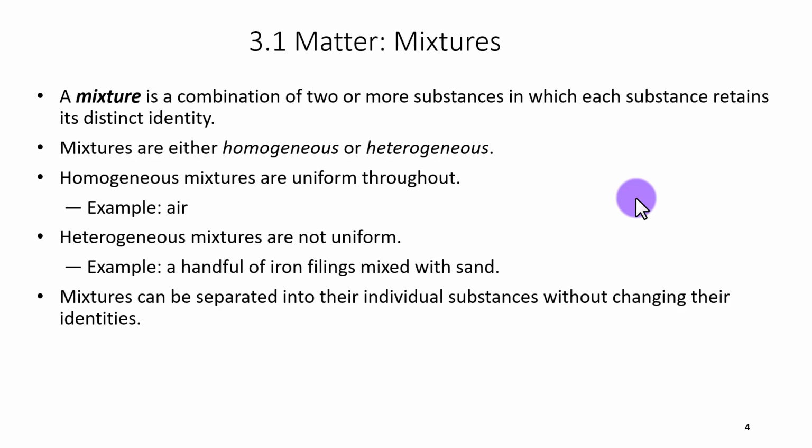Let's take an example. Air. Air is a mixture of several different gases, but I cannot say, well, this is an oxygen molecule, and this is a nitrogen molecule, and this is a helium molecule, and hydrogen and water vapor, whatever. These gases are not separate. I cannot separate them from each other. They are uniform.